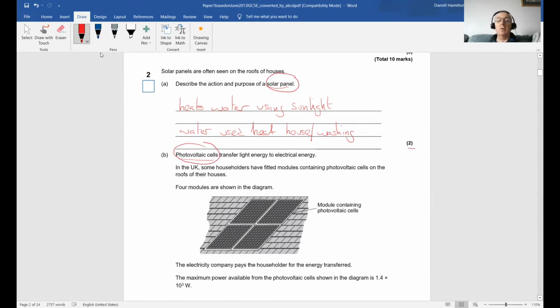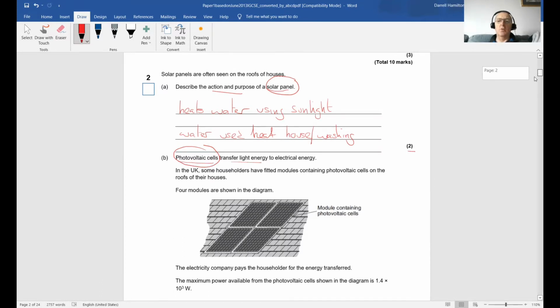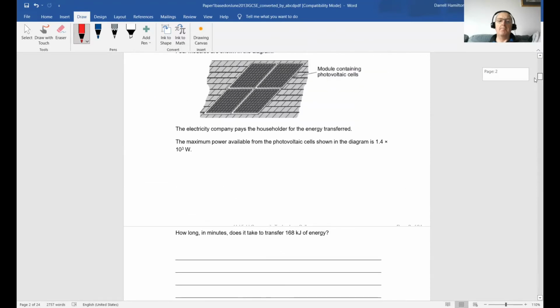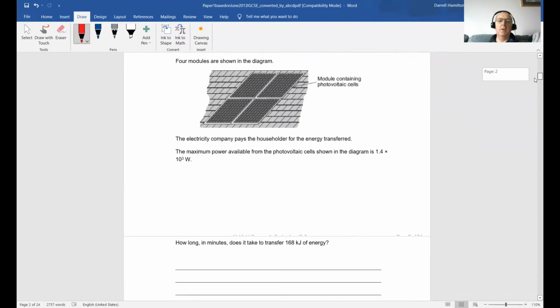However, in this question, you would have realized that you needed to draw that distinction because it asks you what they do, and then it tells you what photovoltaics do. So clearly, this is not the answer to this. So in the UK, some householders have fitted modules containing photovoltaic cells on the roof of their houses. 4 modules are shown in the diagram.